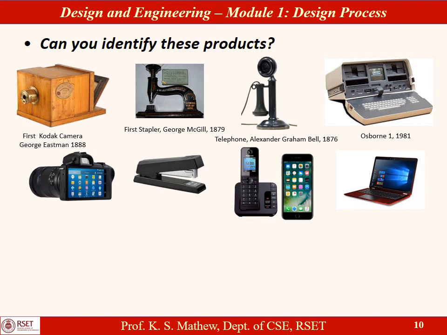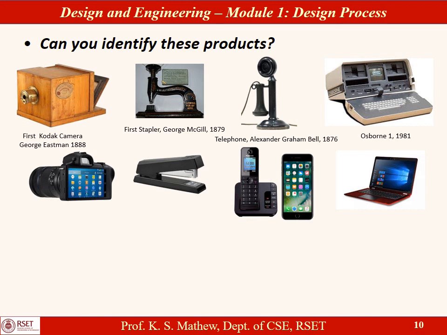So if you look at these products, you can see the first version of the camera and the latest version of the camera. The basic functionality remains same for taking pictures. The purpose is to take pictures. The basic functionality remains same for the old camera as well as the latest camera. So what is the change?